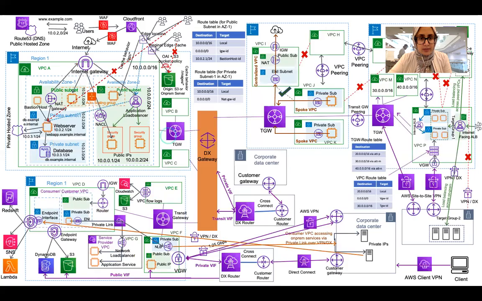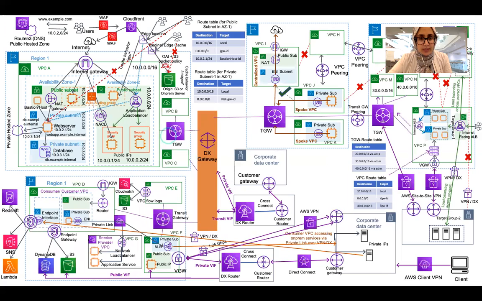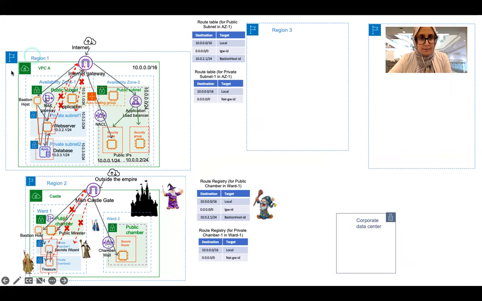Our next part will be part 4. I hope it made sense up to this point, right? So we talked about the security groups at the level of the EC2 instance, network access controls at the level of a subnet.